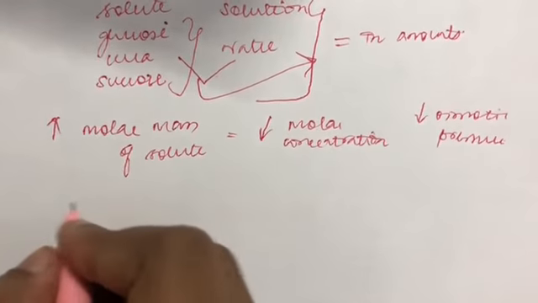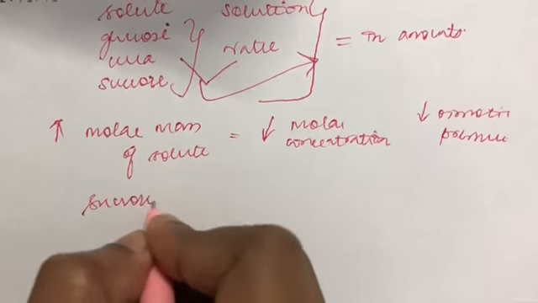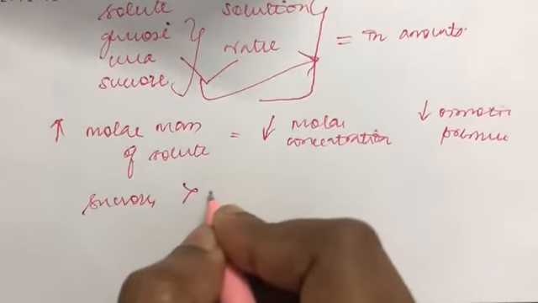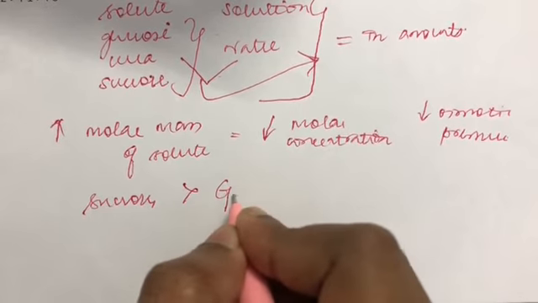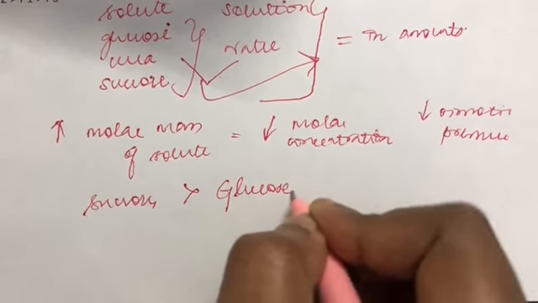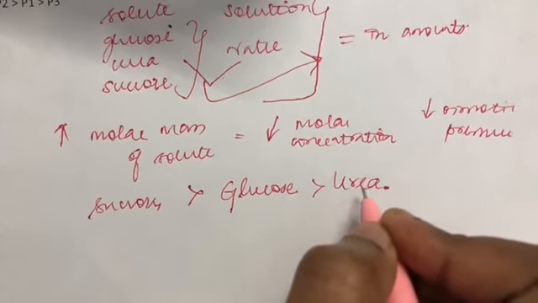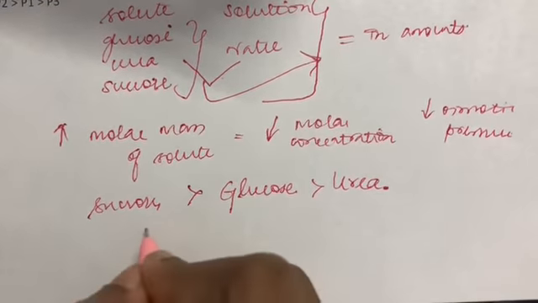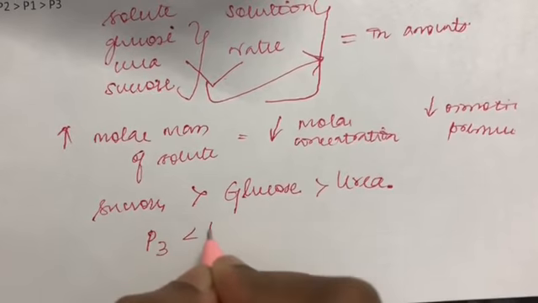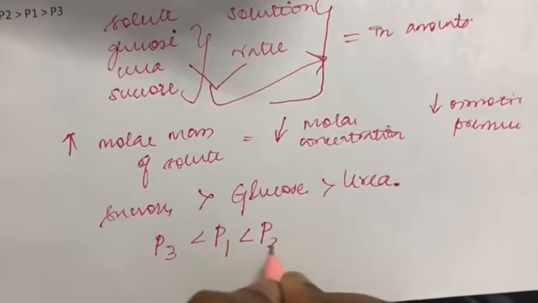So the order decreases as sucrose is greater than glucose, which is greater than urea. So the correct order of osmotic pressure of the solution is P3 lesser than P1 lesser than P2.